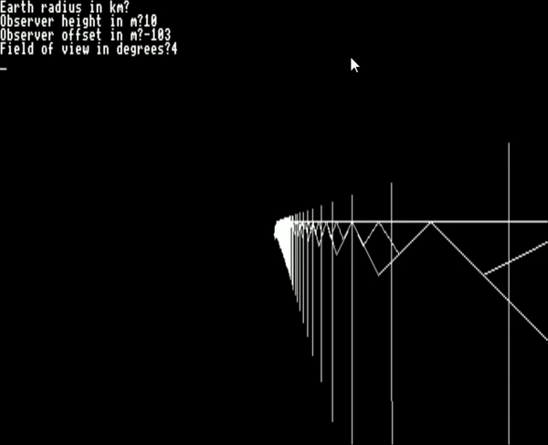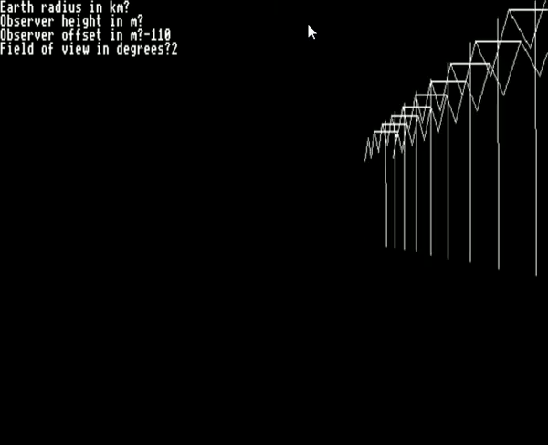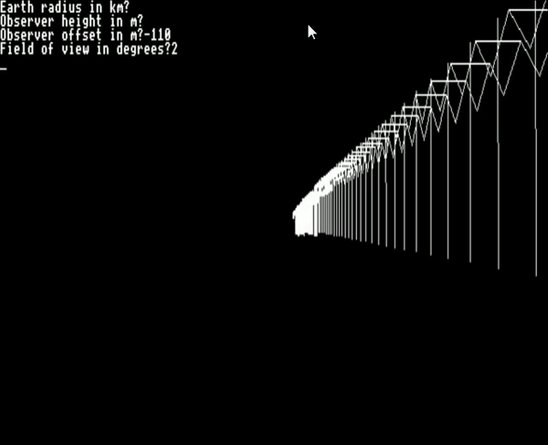Really needs higher resolution to be able to see exactly what's going on. Well, golly gee whiz, Batman.